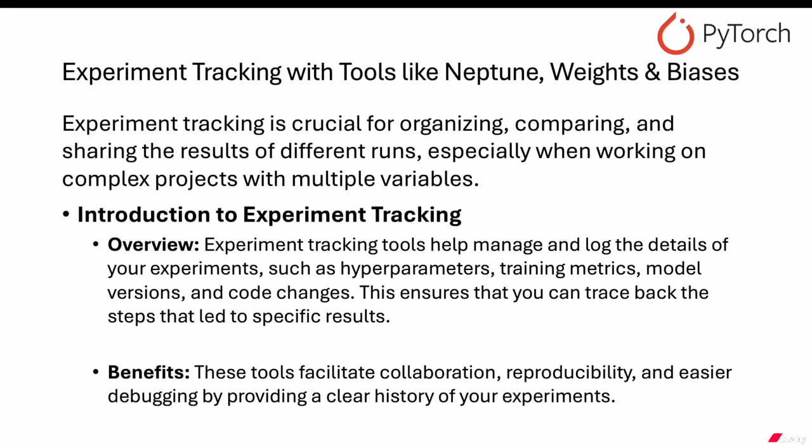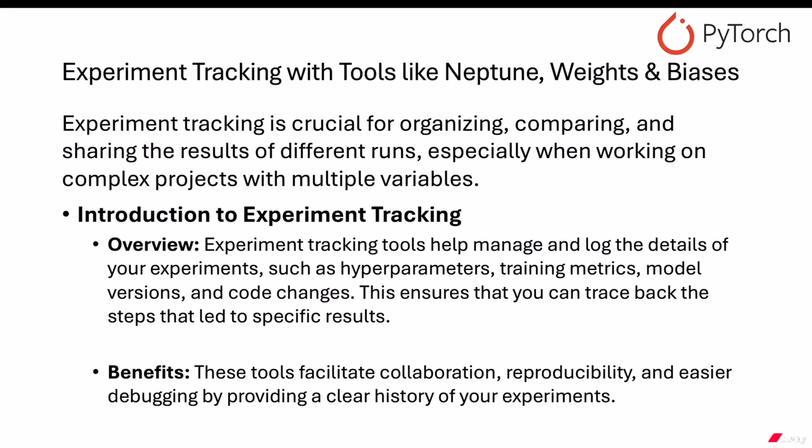Experiment tracking with tools like Neptune, and Weights and Biases. Experiment tracking is crucial for organizing, comparing, and sharing the results of different runs, especially when working on complex projects with multiple variables. Introduction to experiment tracking.